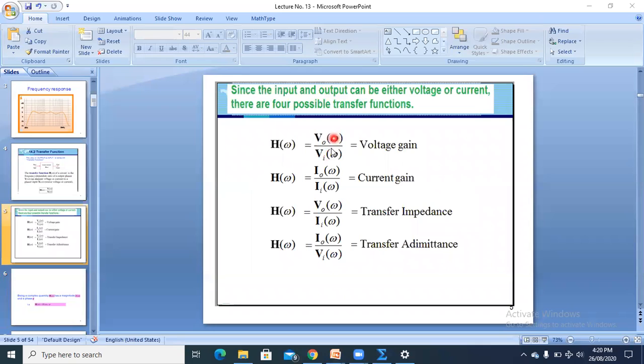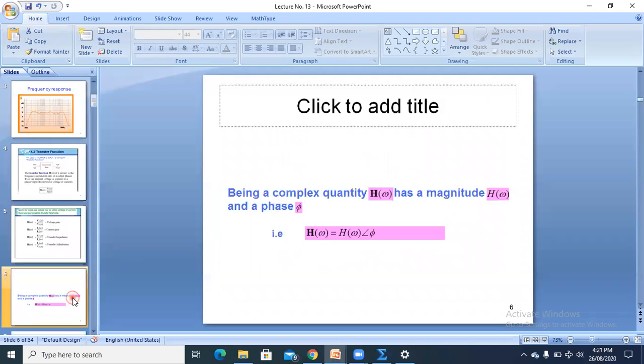So by dividing them, we get the frequency response in complex form, and we can represent the magnitude and phase in separate form.